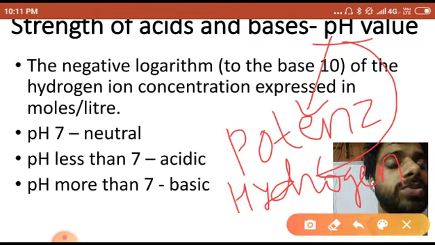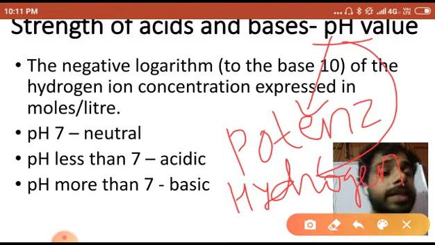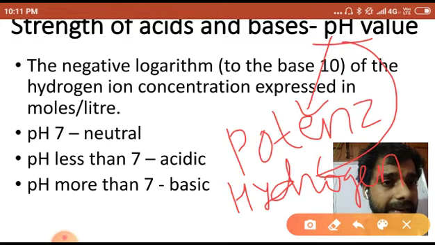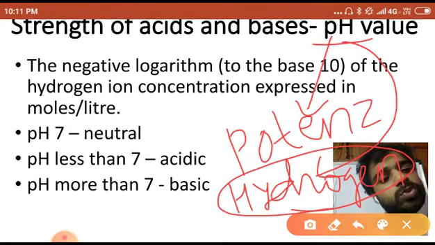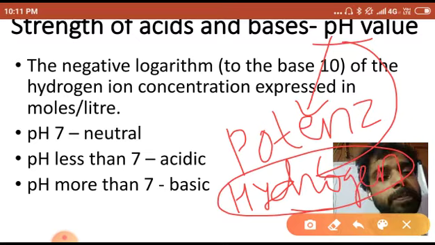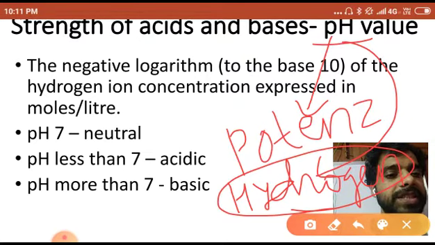As you know, dear students, the use of pH is to find the strength of acids and bases, but here I have taken only hydrogen, and hydrogen is one of the dissociation products of acids. But in this one, bases are not there.